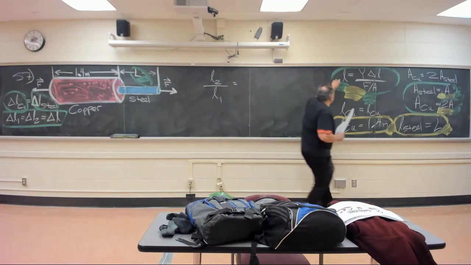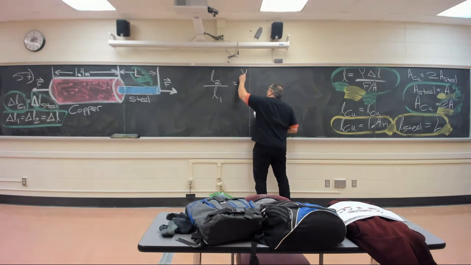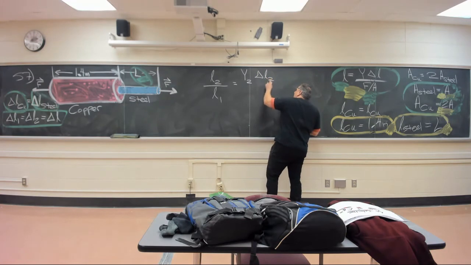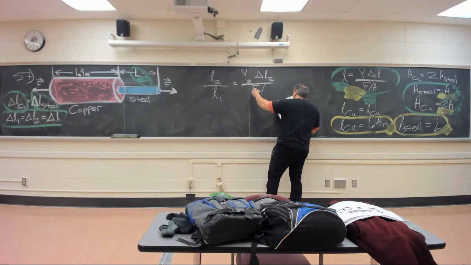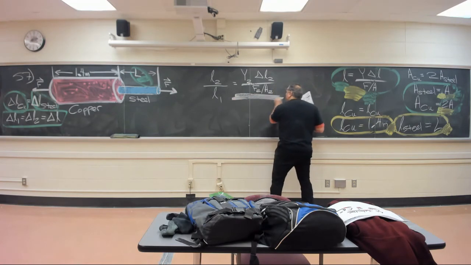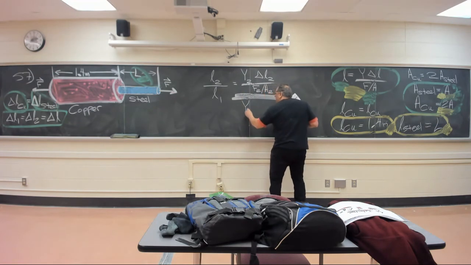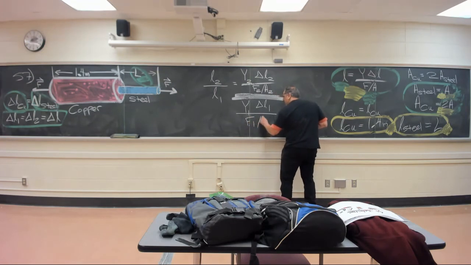Isn't L equal to Y delta L over the quantity F over A? So that's Y sub 2 associated with steel times the change in length of the steel, divided by the force being applied to it divided by its cross-sectional area. That's divided by copper's Young's modulus, the amount of change that took place there for it, and the force that was applied.